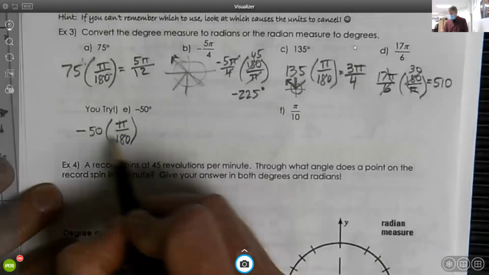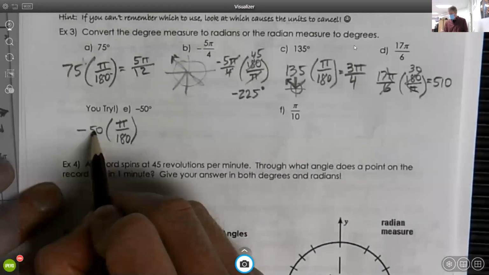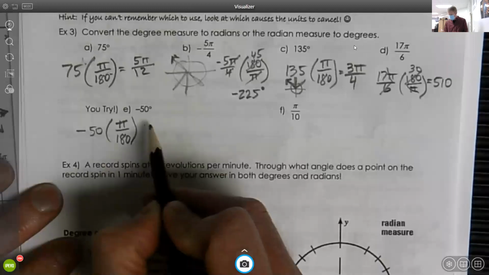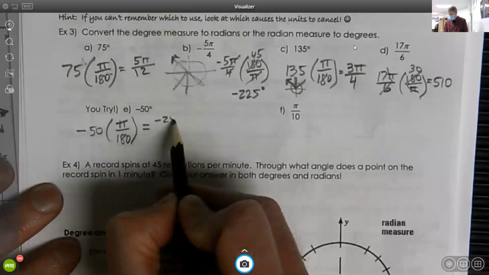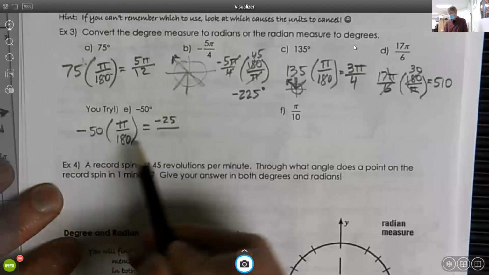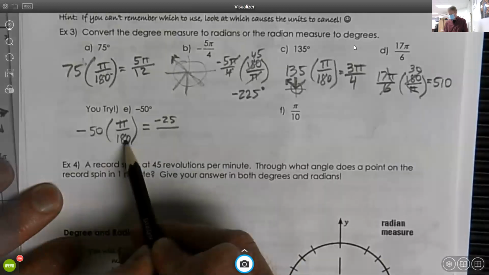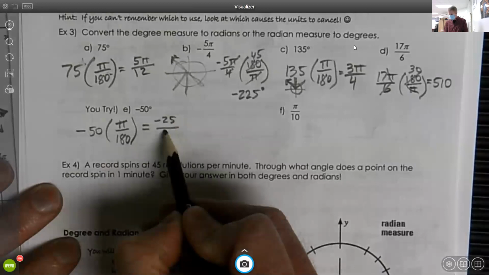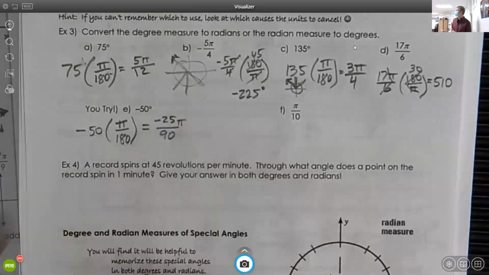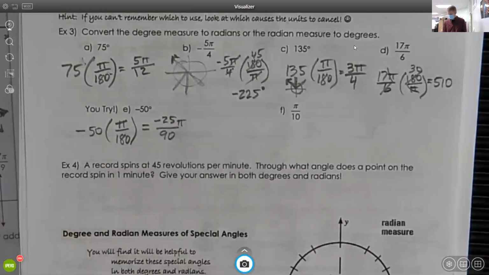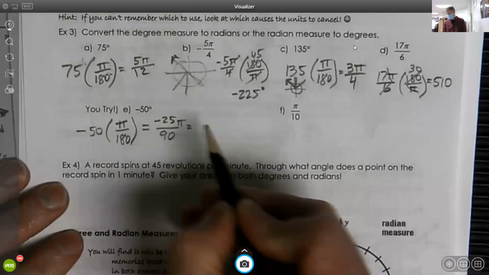So we know that 2 goes into 50. That would give us negative 25. We know that 2 goes into 180. That would give us 90. But it looks like we can still reduce that further, right? So maybe we could have done 10.